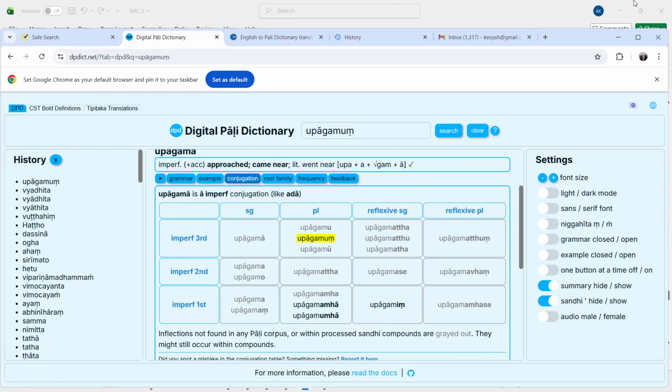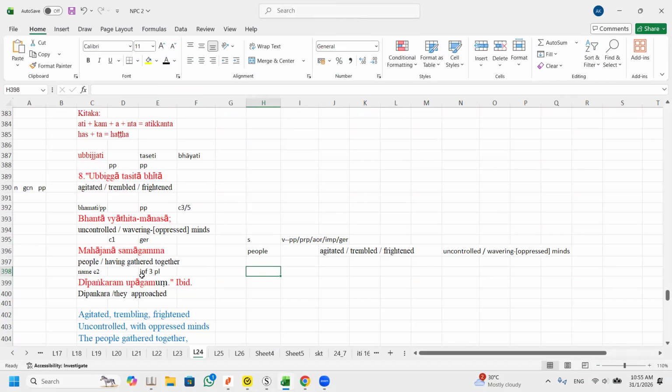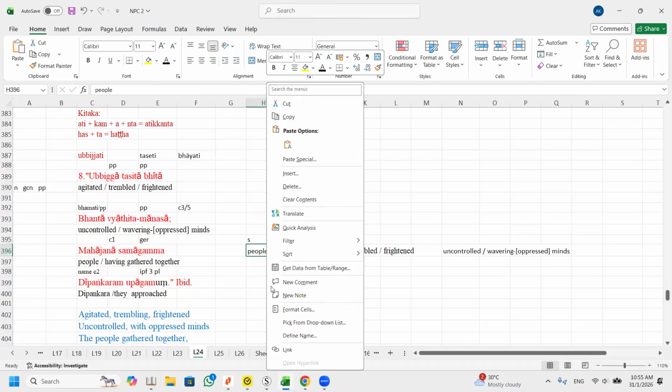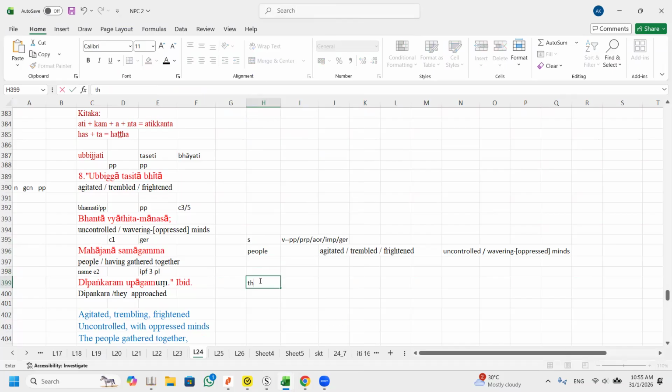All right, imperfect. So this is plural. So here, that means this is the next line. Third person plural, they approach. Okay, they approach.